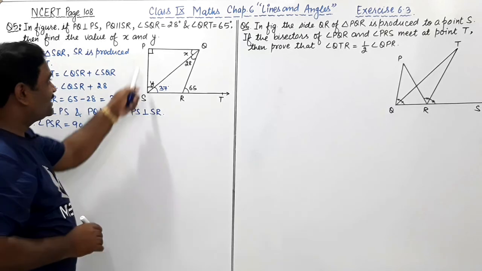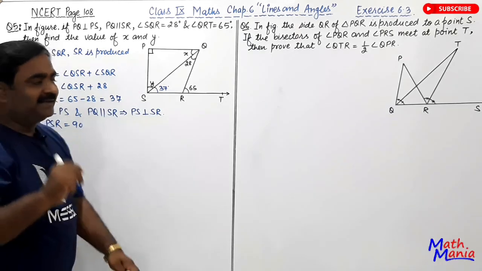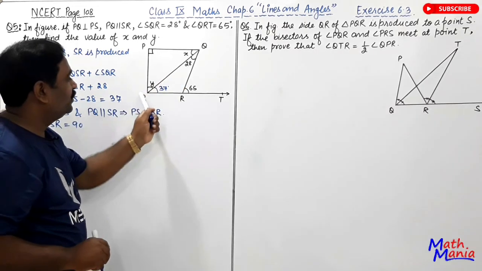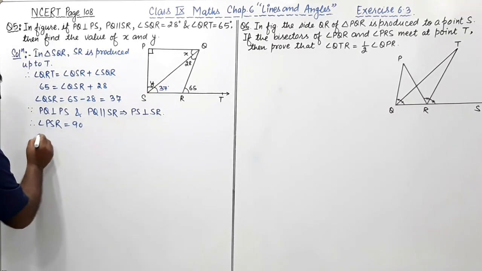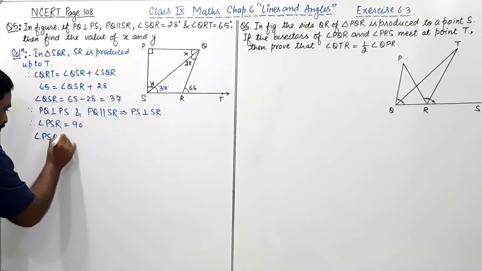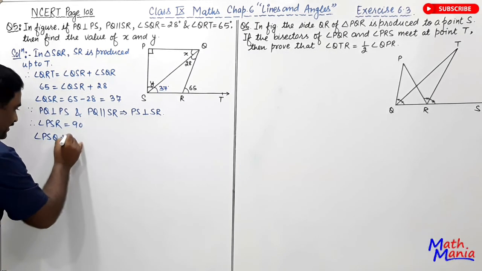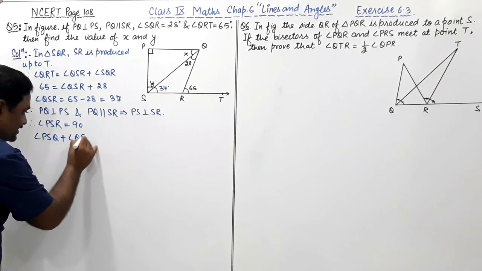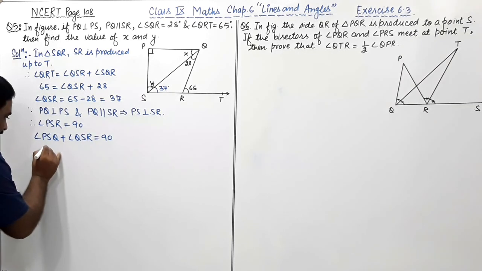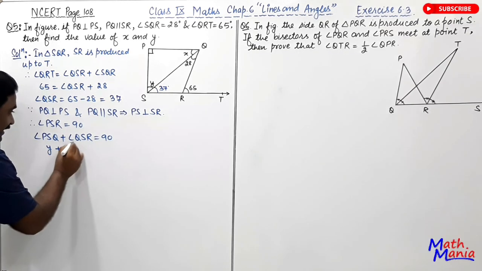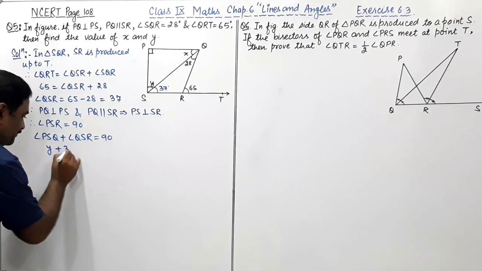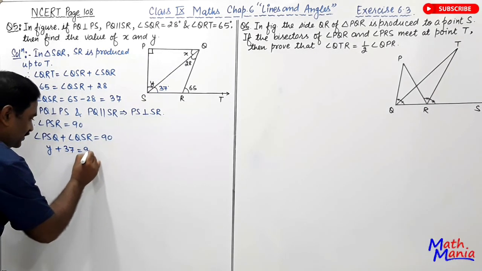Now in angle PSR, there are two angles: angle PSQ plus angle QSR. This angle PSR can be written as angle PSQ plus angle QSR, which equals 90. The measure of angle PSQ is Y, plus angle QSR, which we just found is 37 degrees, equals 90.